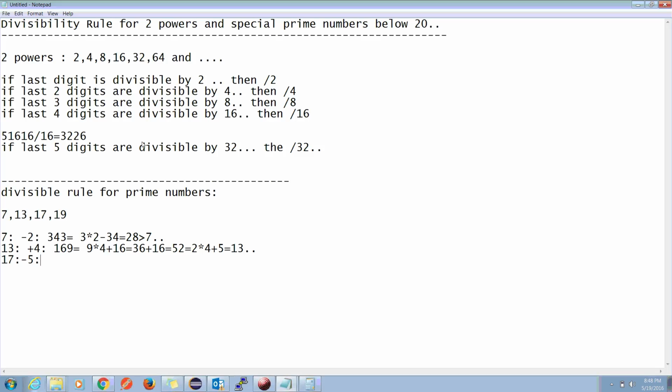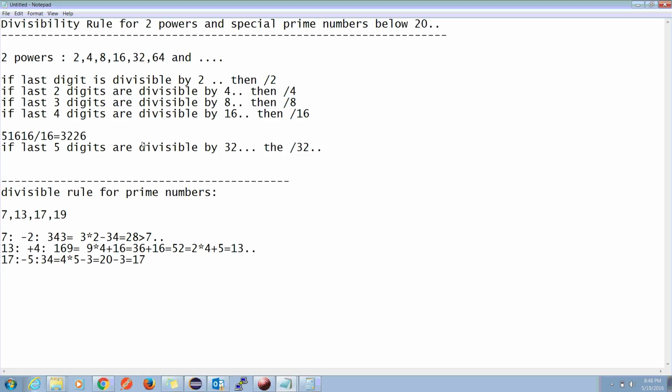Let's take the example of 34. Yeah, multiply 4 with 5 and subtract the remaining number, which is 3. That is 20 minus 3 equal to 17. So 34 is divisible by 17.